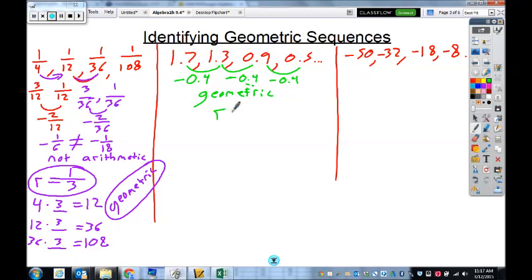My common difference is the same, so it's arithmetic. So D equals negative 0.4.